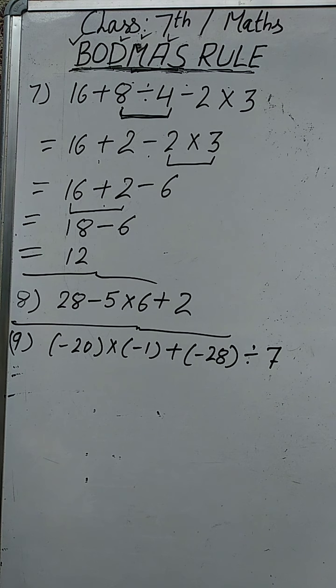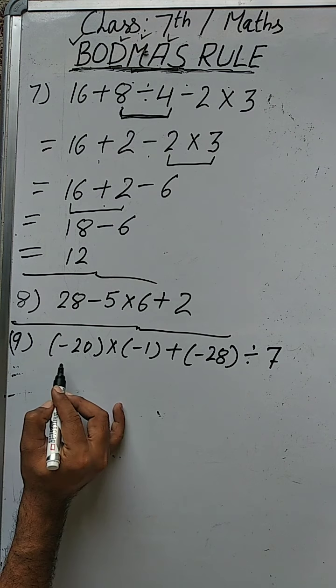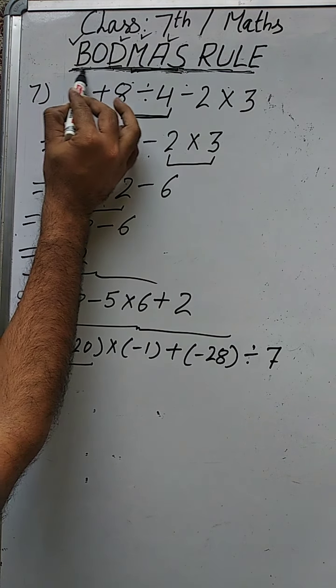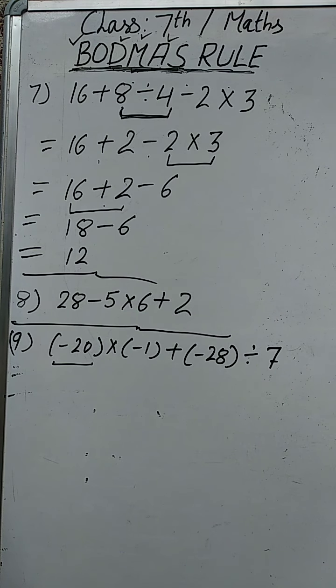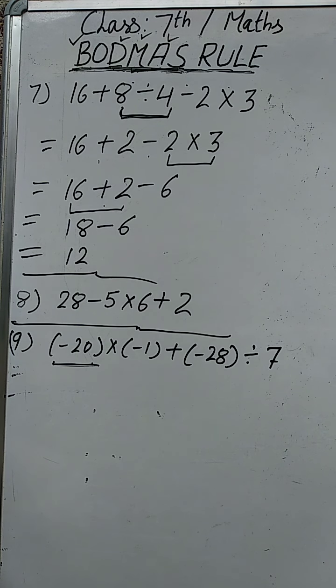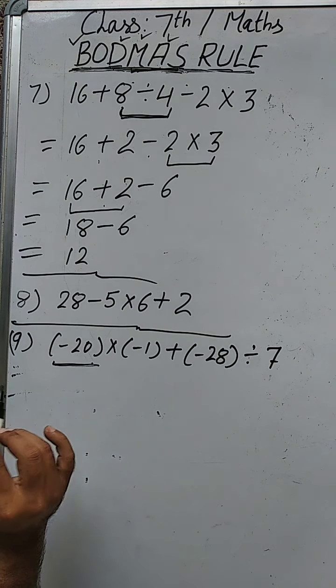Now beta, look at the question. Is there any bracket? You will think there is a bracket. No. We will not consider this bracket because BODMAS rule is applied where there are two or more than two operators in the sum. In this bracket we have only one number, we haven't two numbers.